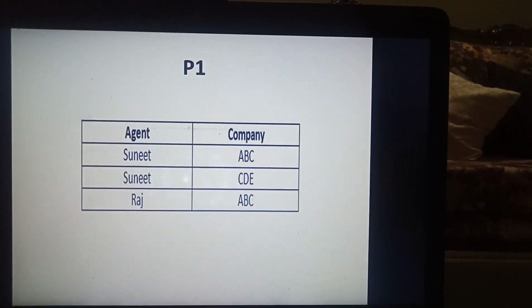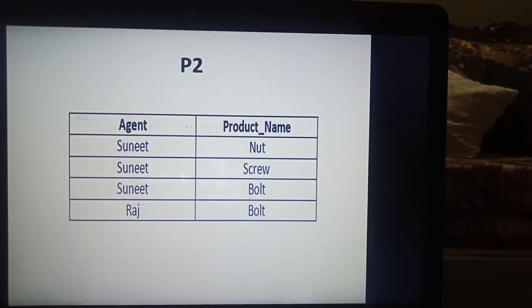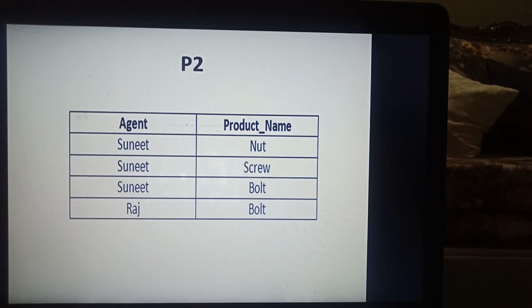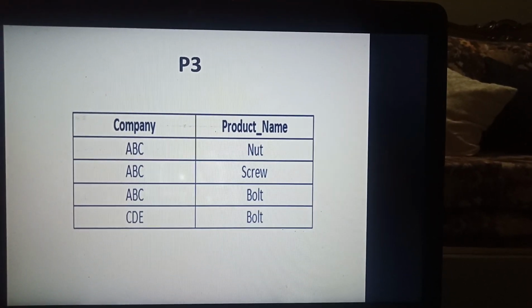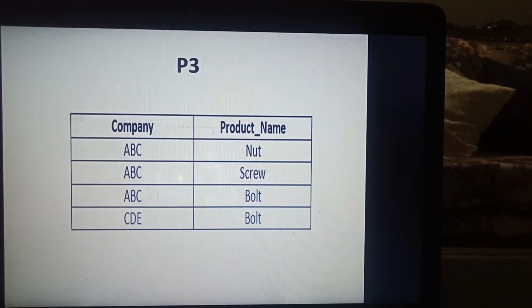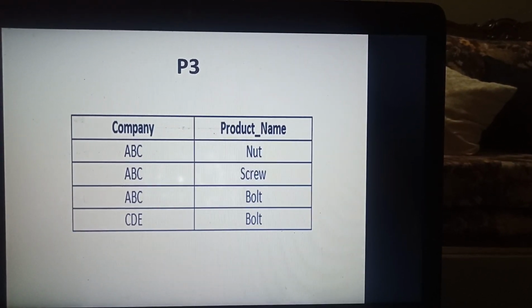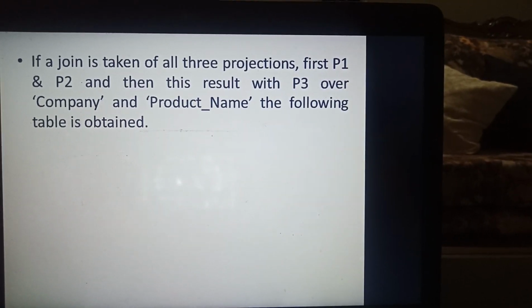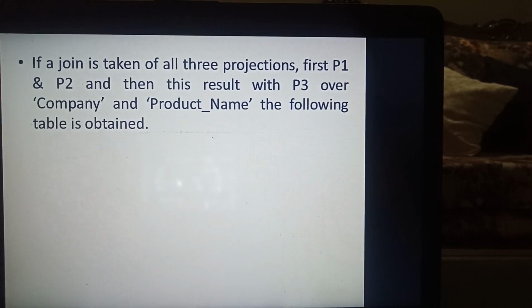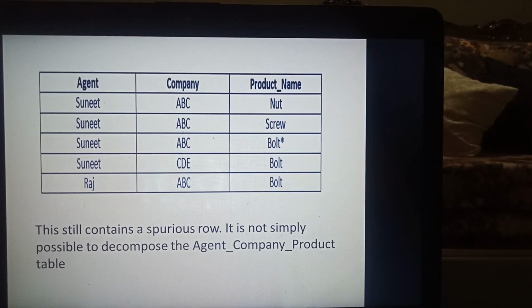So P1 is the same that we have taken earlier, P2 is the same, agent and product name, and we have taken one more projection P3 in which we have kept the attributes company and product name. Now if we join these three projections, first we will join P1 and P2 and the result will be joined with P3, then we will get this outcome.